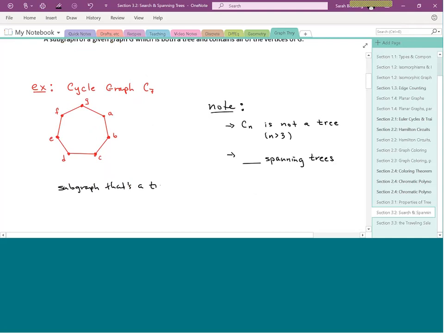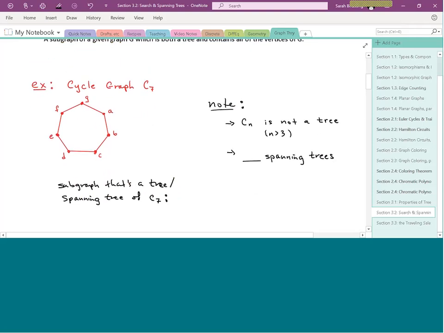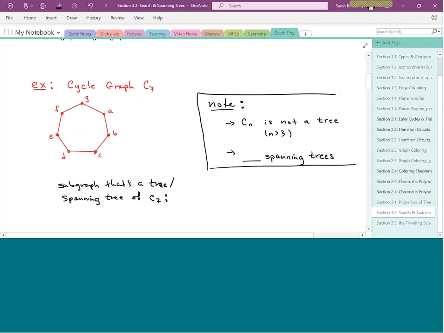That's a tree. Let's use the technical terms. We want a spanning tree, specifically of C7. Anybody spot one? I'll have to put it right over here, so let me box this note. You got to make sure that you have all of the same vertices.